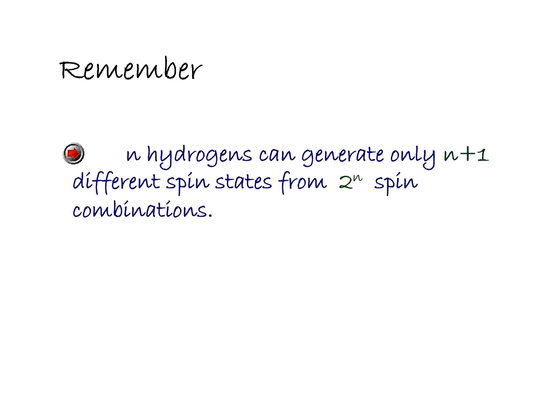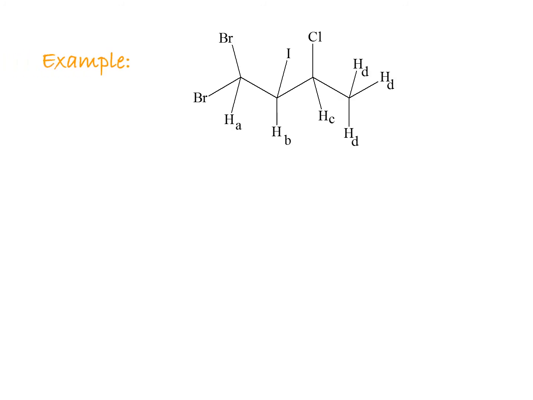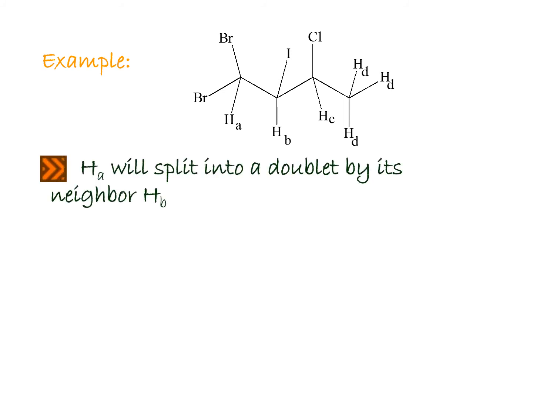Remember, n hydrogens can generate only n plus 1 different spin states from 2 to the power n spin combinations. For this molecule, HA will be coupled to HB. As we mentioned before, that's 3 bonds between them.